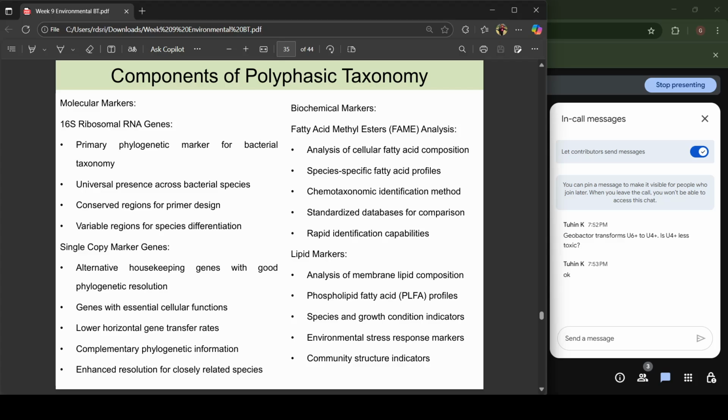They are genes with essential cellular functions and low horizontal gene transfer rate. Horizontal gene transfer is within the same generation. Vertical gene transfer is from one generation to another generation. Like we saw with vertical and horizontal interaction, vertical is going to be from one thing to the next thing, in terms of generational difference.